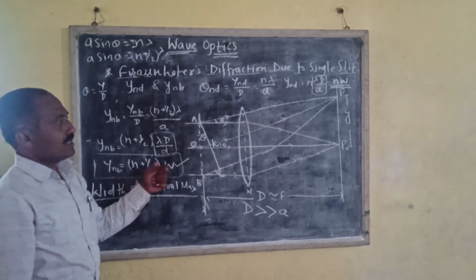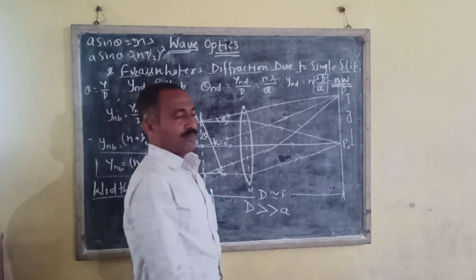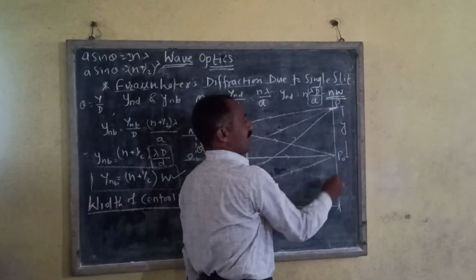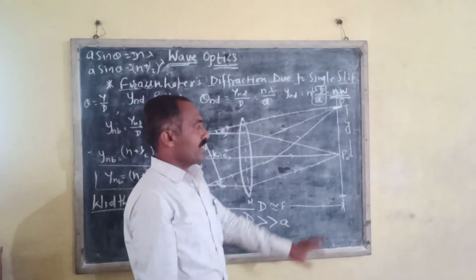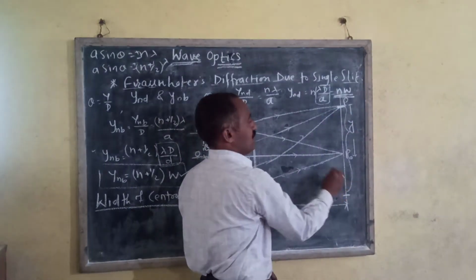Now the central bright fringe will be in between the dark fringes on either side. This is the first dark fringe on one side and this is the first dark fringe on the other side, and the central maxima is in between these two.